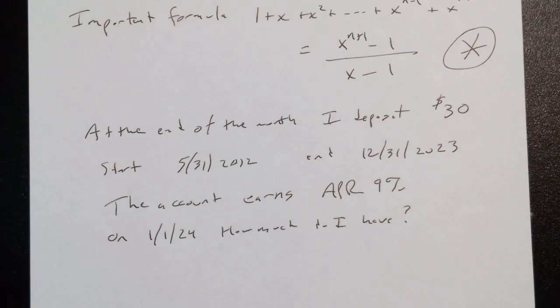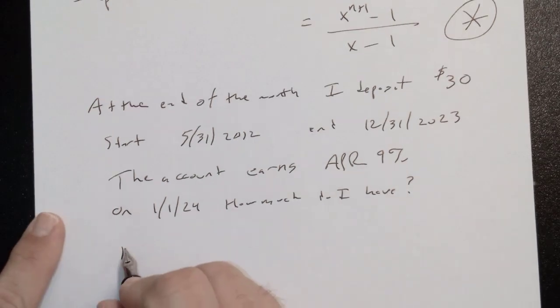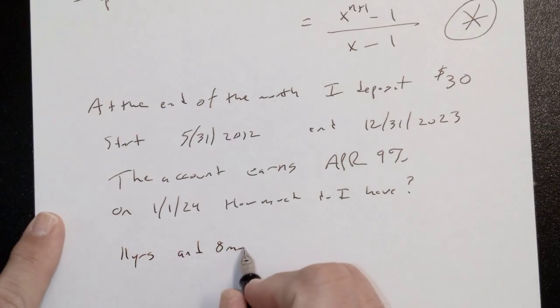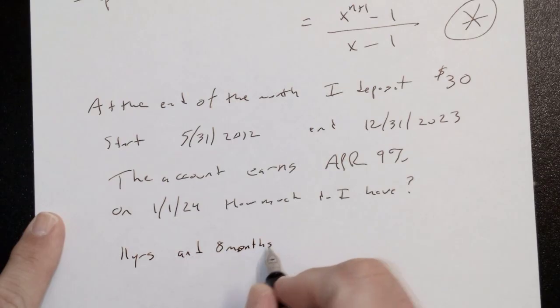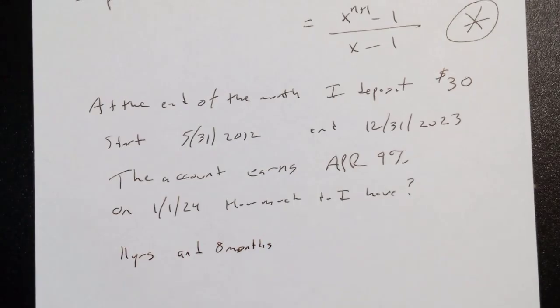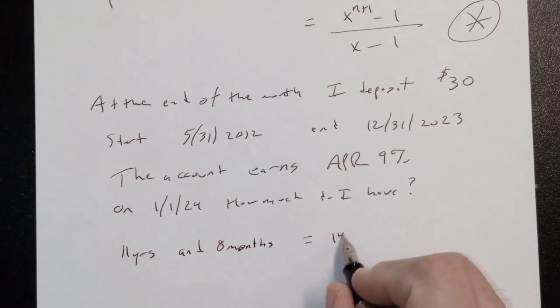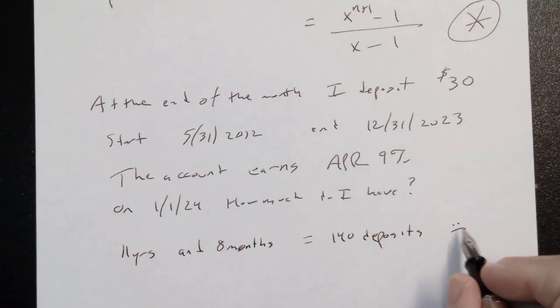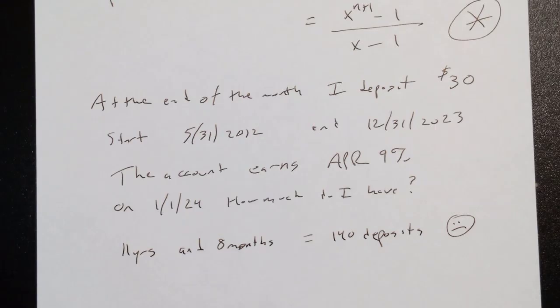That's 11 years. And then 8 months out of 2012, May through December. So this is 11 years and 8 months. 11 times 12, 132, that's 140 deposits. So if I worked each and every one of them out by hand, I'd be here forever.